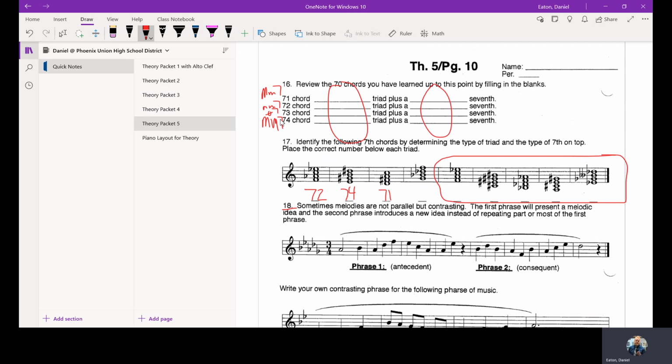That tells me this is going to be a half diminished seventh chord, or a 7-3 chord. I could check my seventh, but the seventh is going to be minor in both cases, at least for these examples. Eventually, you're going to have to check that seventh for the upcoming fully diminished 7-5 chords, but we haven't gotten that far yet, so you don't really have to check the seventh, but you can if you want to.